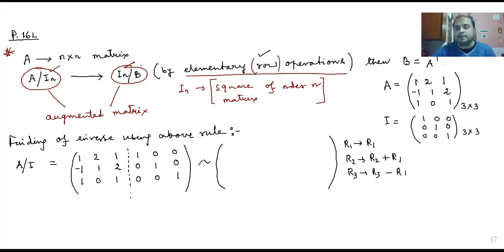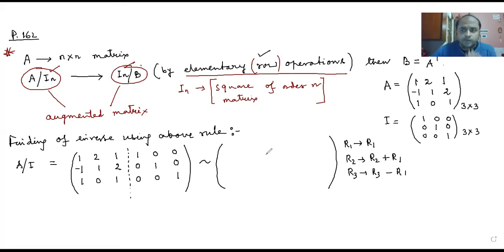Since I have already done this problem, I'm just seeing what operations I have made over here. I'll suggest you do the same: first plan what operations you want to apply, write the operations, then apply them.